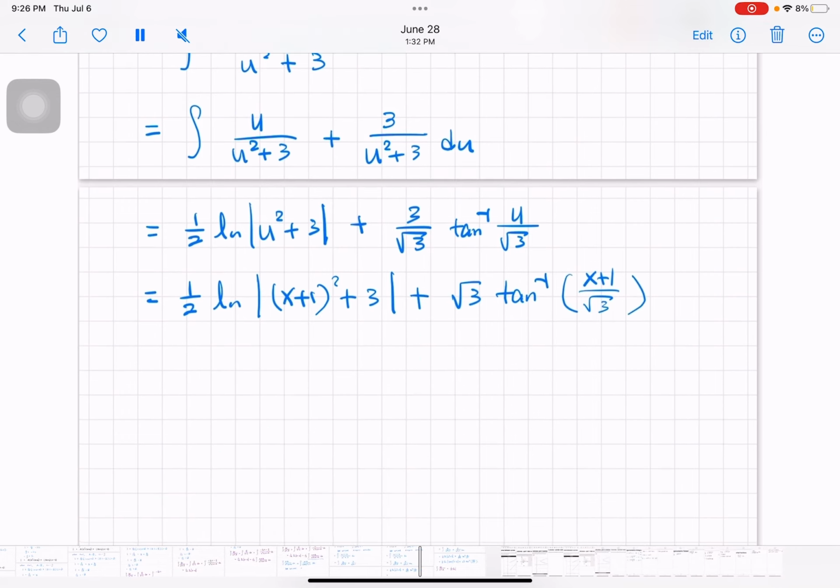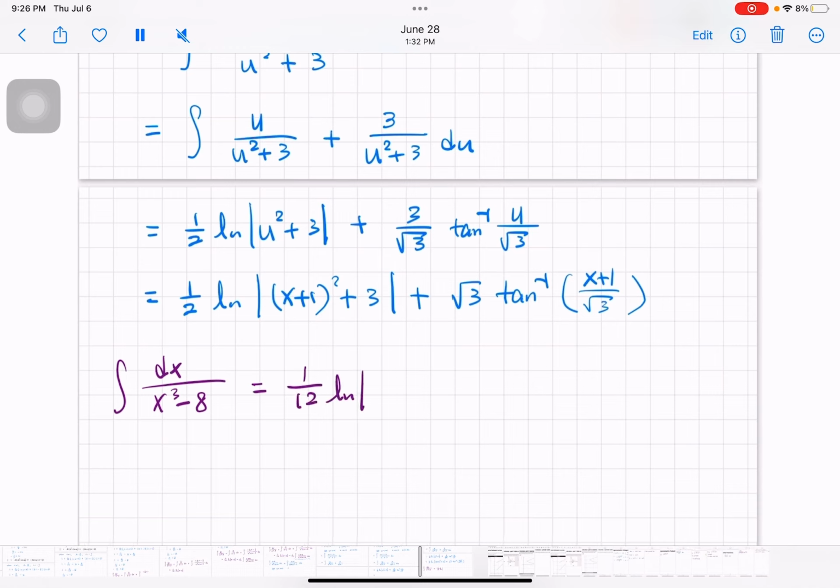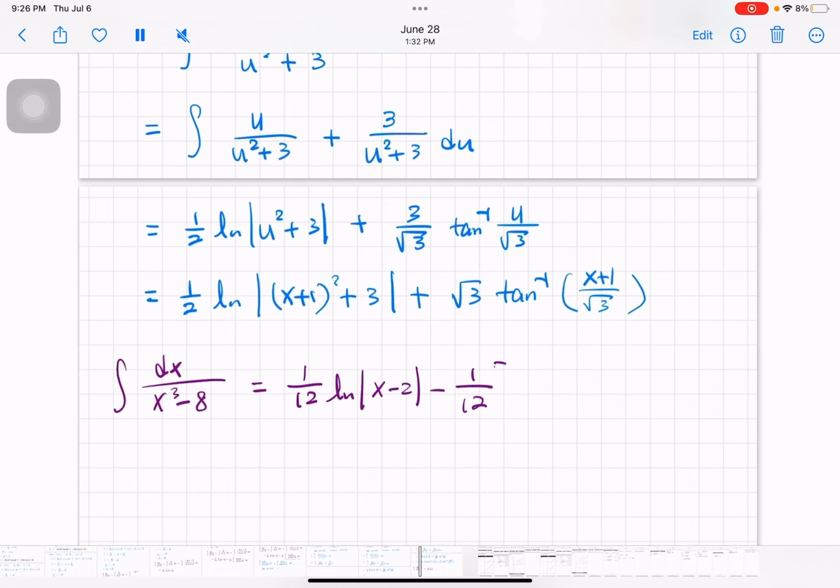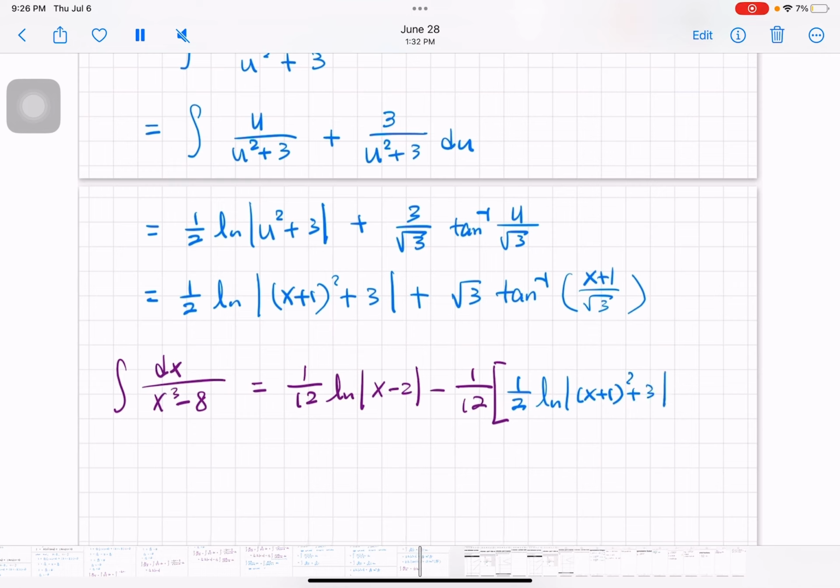And that is our final answer for this antiderivative: 1/12 ln of x minus 2 minus 1/12 of the one we just calculated, 1/2 times ln of the absolute value of x plus 1 squared plus 3, plus square root of 3 times tangent inverse of x plus 1 over square root of 3.